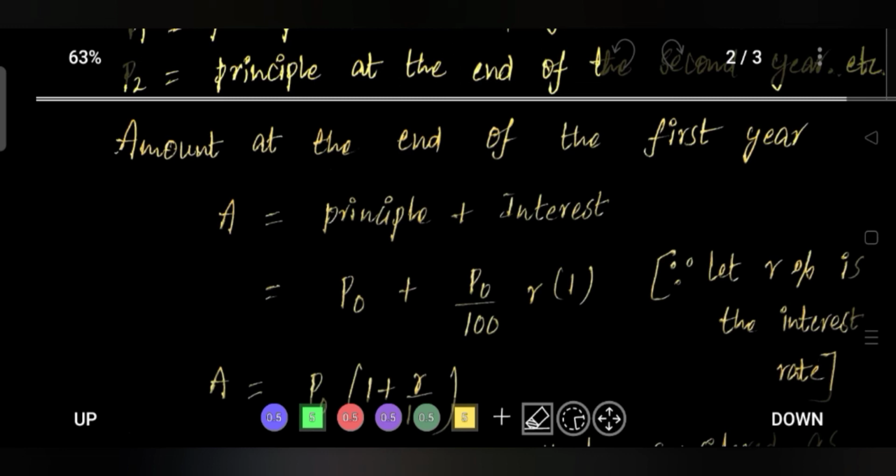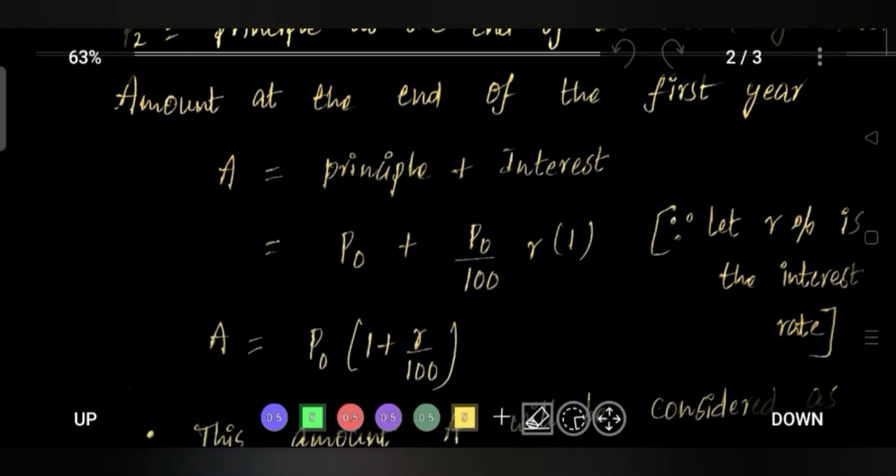I use the simple interest formula to calculate the interest here: principal by 100 into rate, for how many years I used it. For 1 year. Why? Because I am calculating the amount at the end of the first year, so that principal I have used for 1 year. So I took the T value as 1.